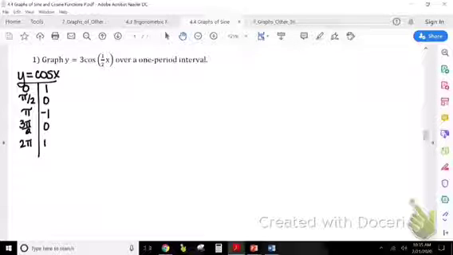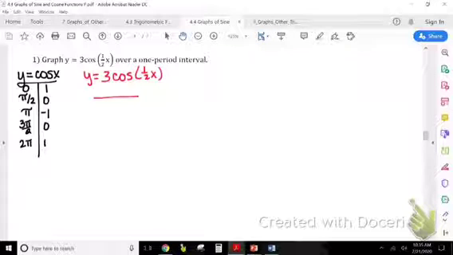There's 2 ways to do the next part. One thing we can do on this next one, y equals 3 cosine of 1/2 x. This one isn't too bad. So you could do it the way we did before.